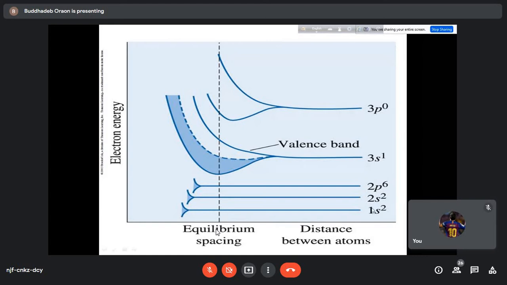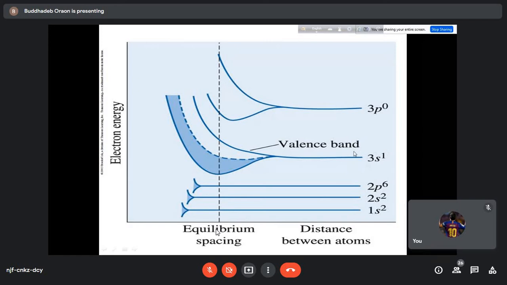This has been shown by this diagram. When the distances among the atoms are very large, as we have already said, you get discrete energy levels of the electrons.